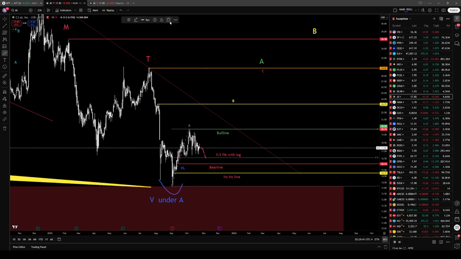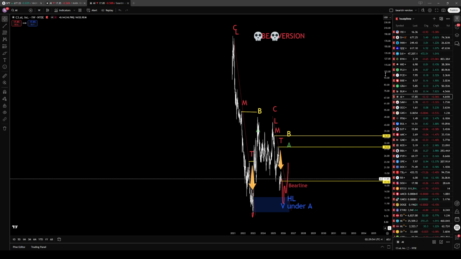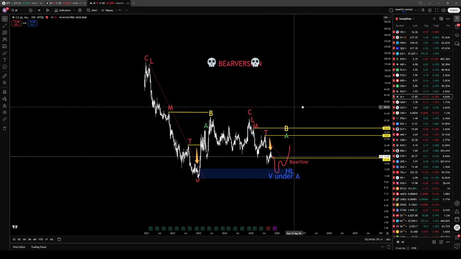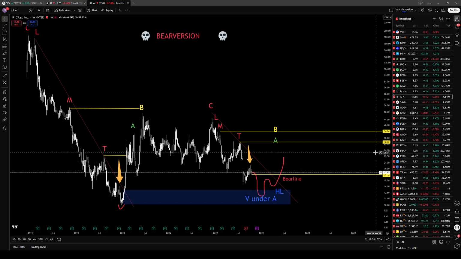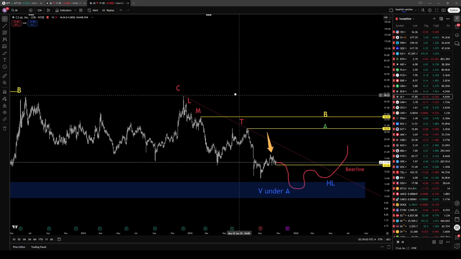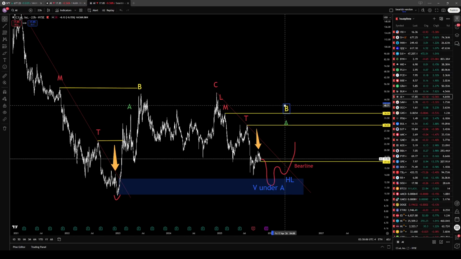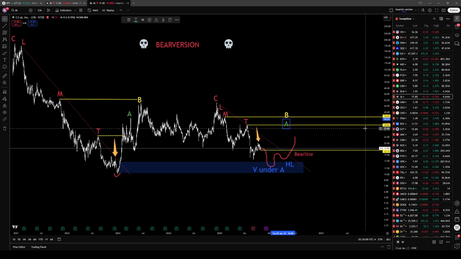What I don't want to see is anything under 16.15 and absolutely nothing under 15.23, because then our alternative bearish version comes into place, which isn't changing much, except that you still need a lower low.